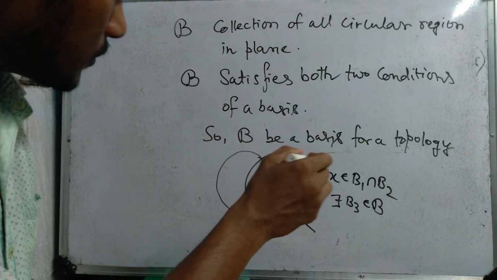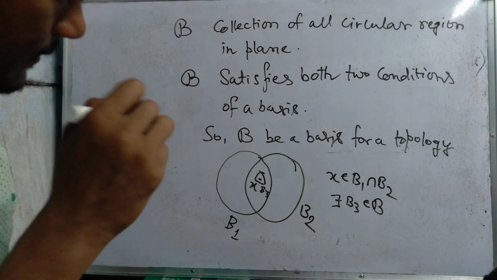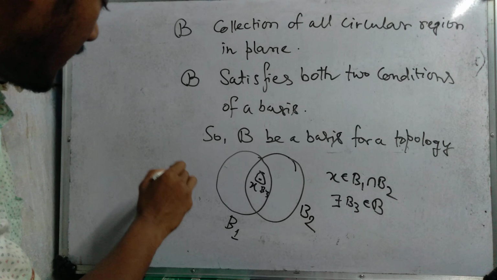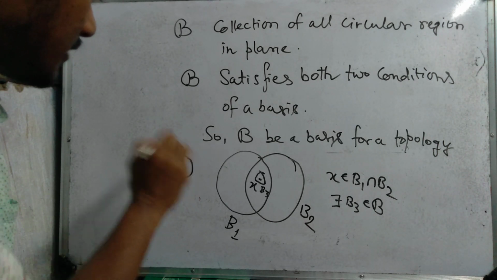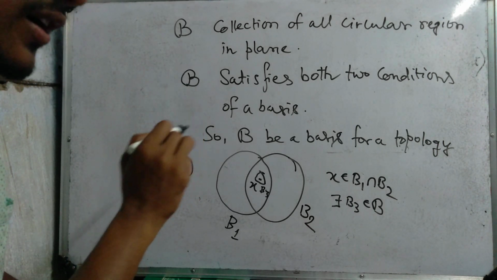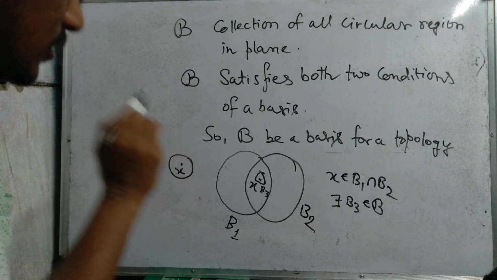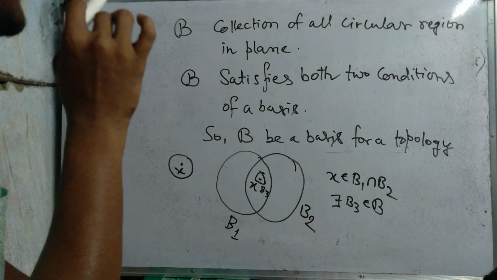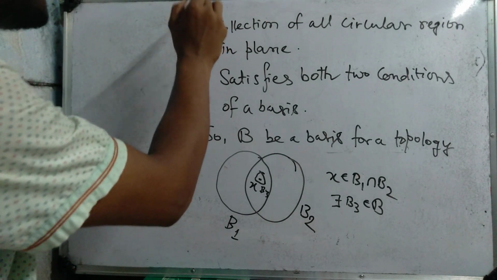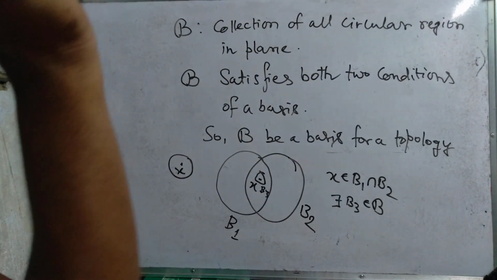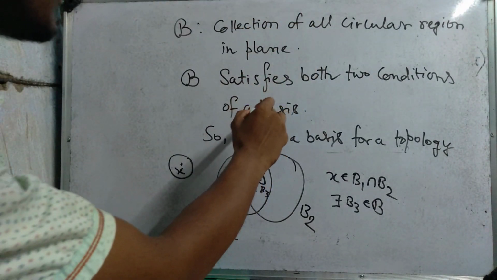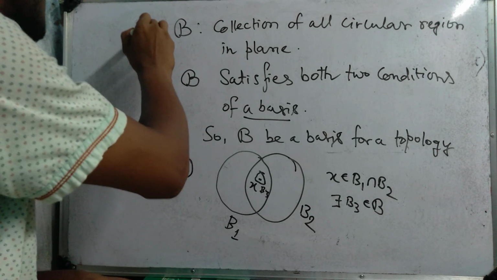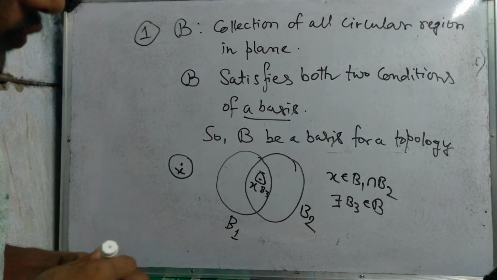We see from this figure that the second property holds, and obviously for any point x, one circular region contains this x. So the two properties of a basis hold, and B, the collection of all circular regions in the plane, is a basis for a topology. That means the first example is done in this way.